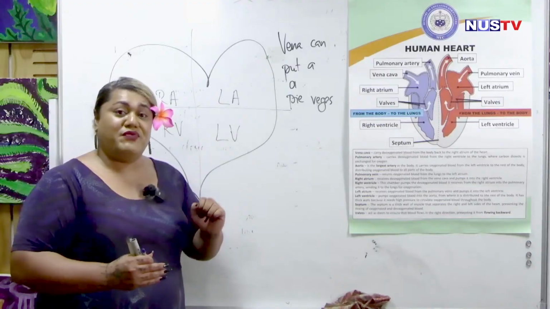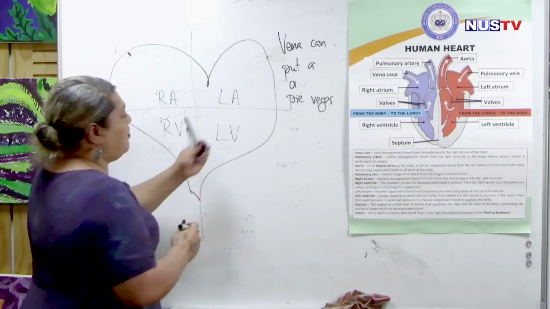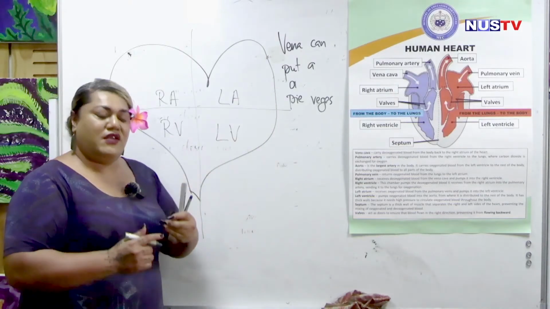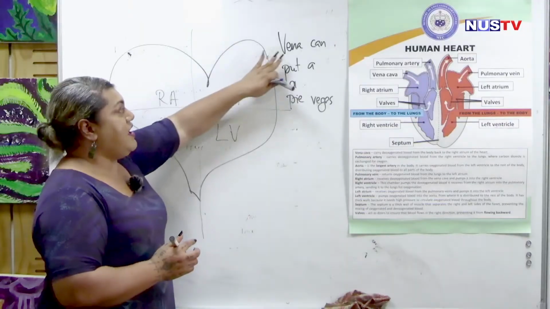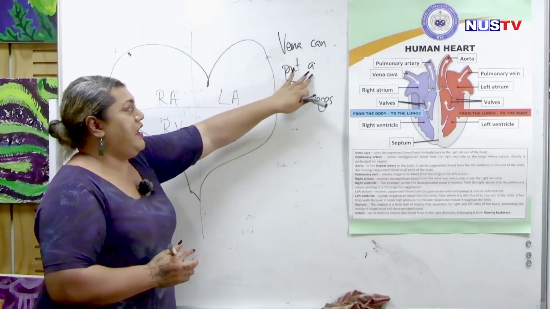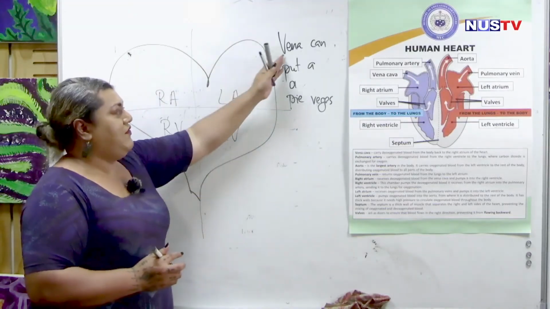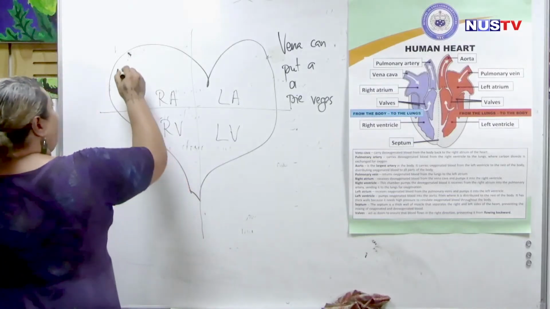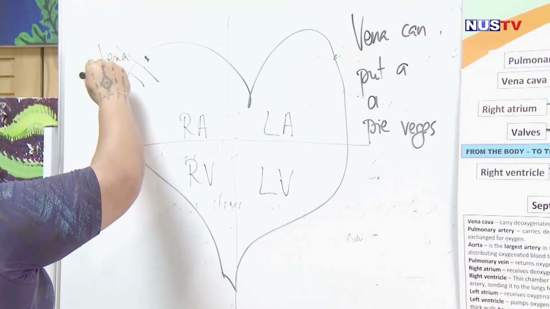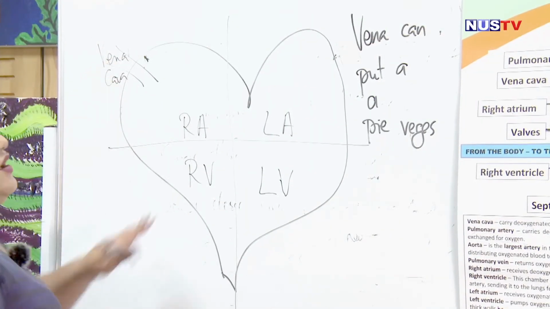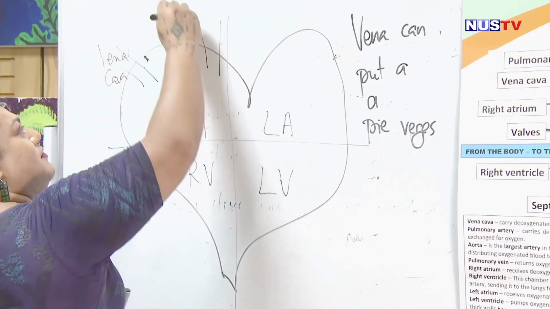Then we talk about the different vessels. Something that normally helps me remember: Vena cava puts a apple pie veggies. Vena cava. Puts A is your pulmonary artery.